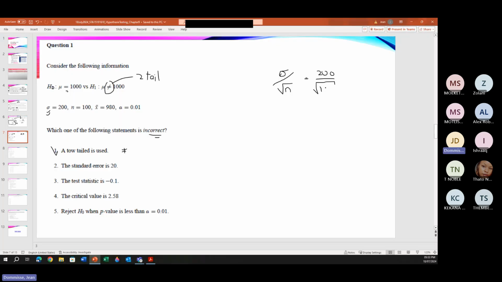The square root of 100 is 10. The 200 divided by 10 is equal to 20. Okay, so that is also correct.